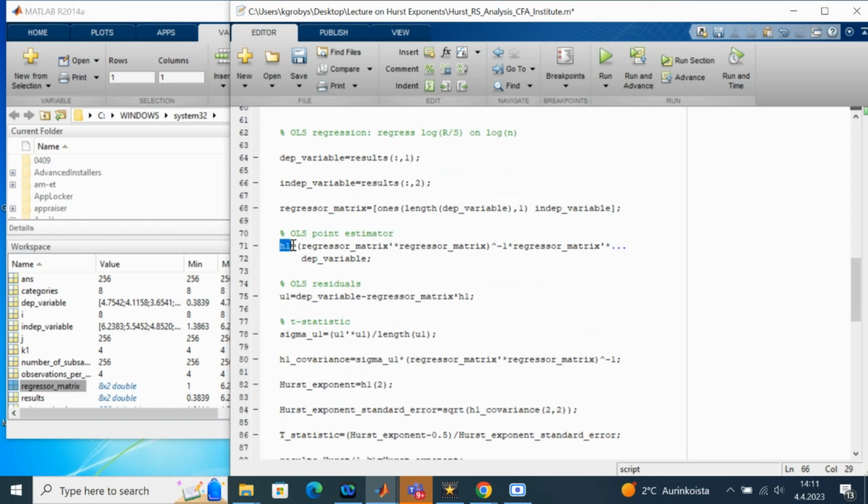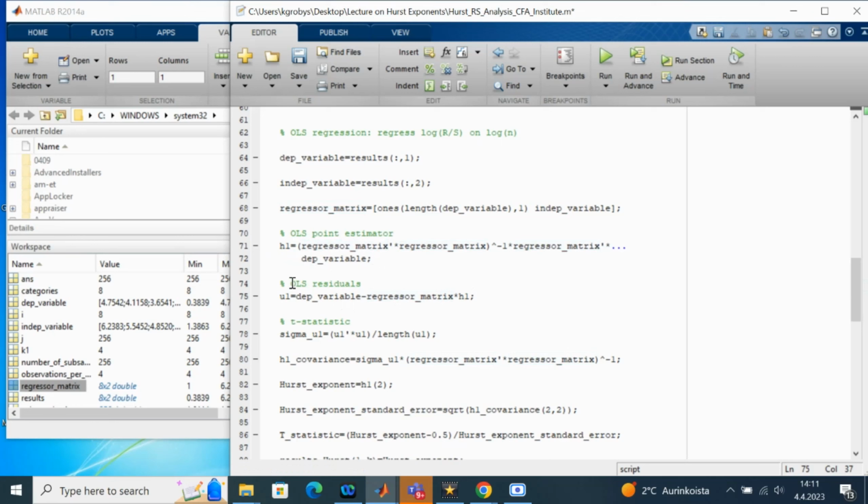So H1 is defined as the regressor matrix transposed times itself, inverted, times the regressor matrix transposed times the dependent variable. This is a very simple OLS estimator. You might remember from econometrics: x transposed x inverted times x transposed y. This is exactly what happens here.